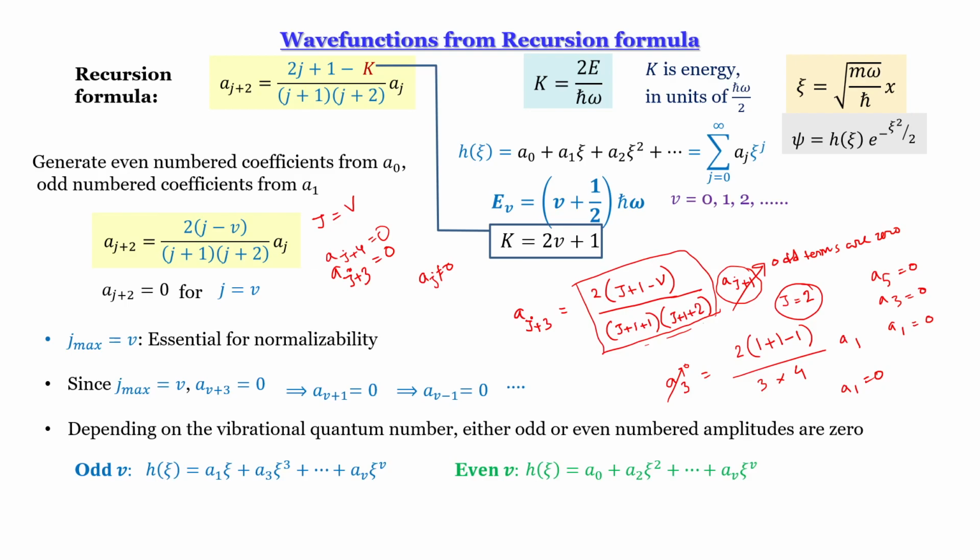When we are choosing such a j max equal to v. But by that logic, we have to understand when the j max is even, then the odd terms will be 0. So this is a little bit confusing.